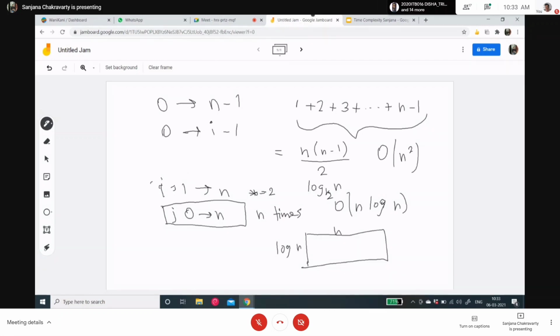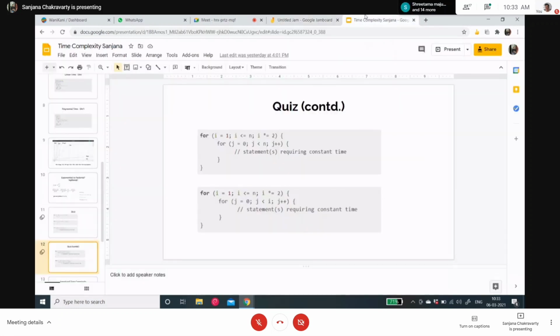So how many cells do you have? That's the area of this rectangle, n into log n. For each row you have n columns and you have log n rows. So that's n log n cells. That would be the time complexity. I think the first explanation might be easier for some people. The second might be better intuitively for some people. Take whichever is convenient for you.